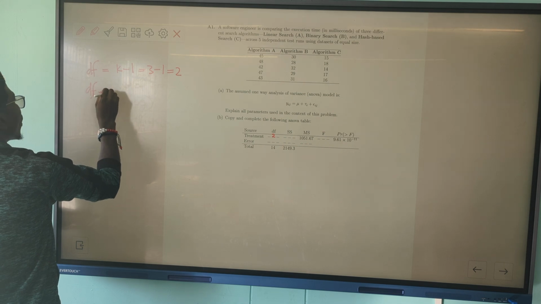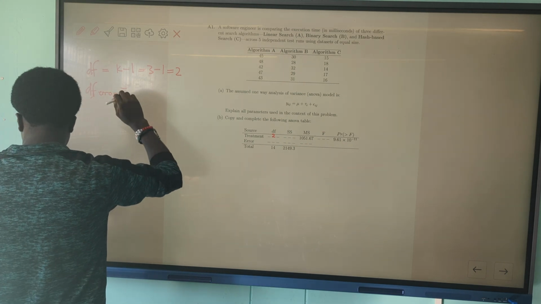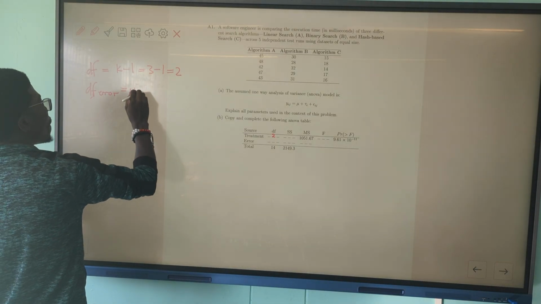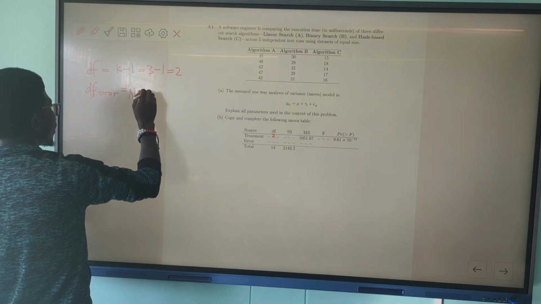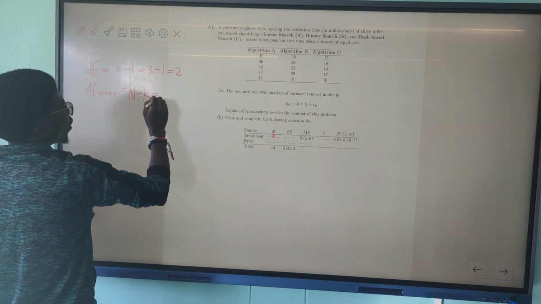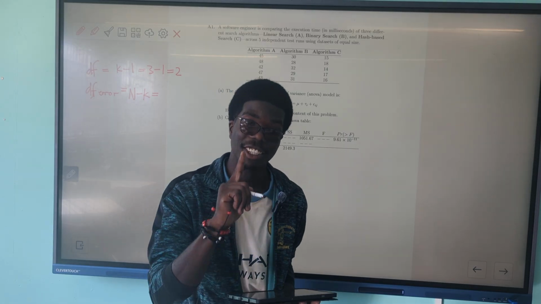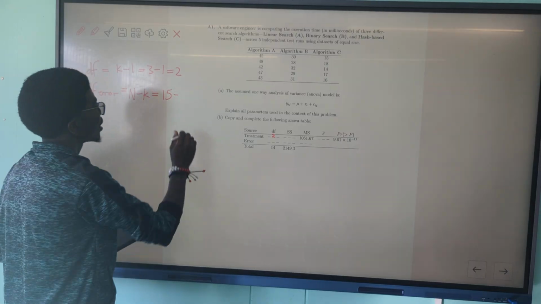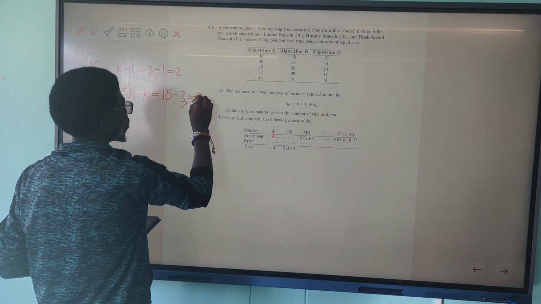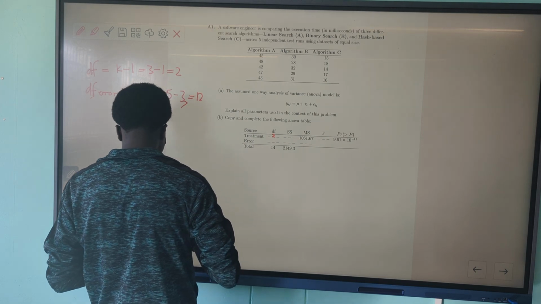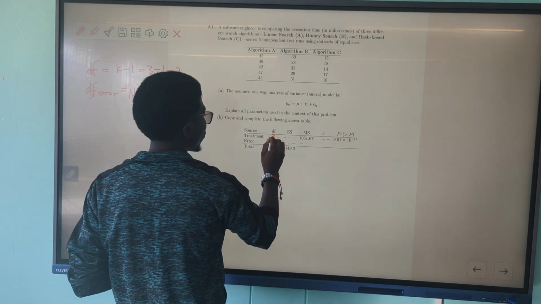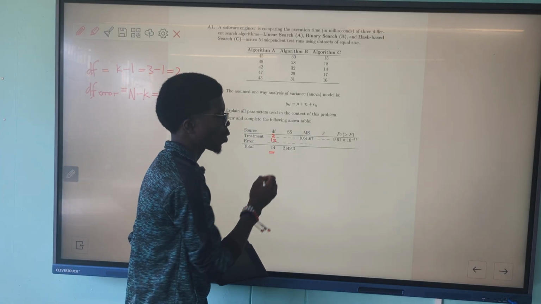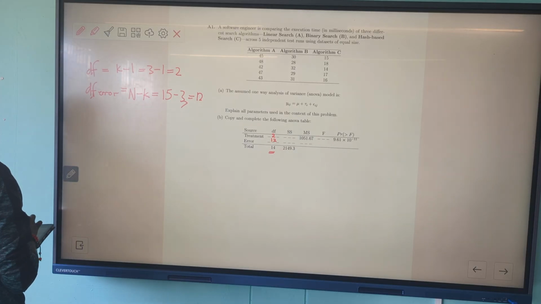DF error is equals to capital letter N minus K, which is 15 minus K, number of groups, 3, which is equals to 12. Therefore, the degrees of freedom error is 12. And if we add 2 and 12, we get 14. So we are correct.